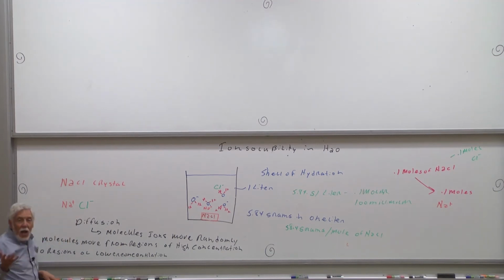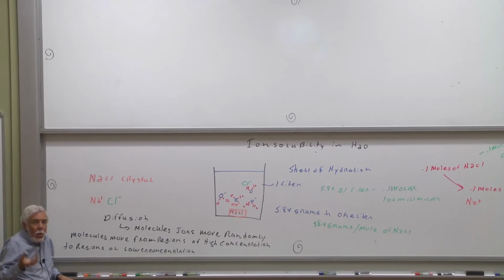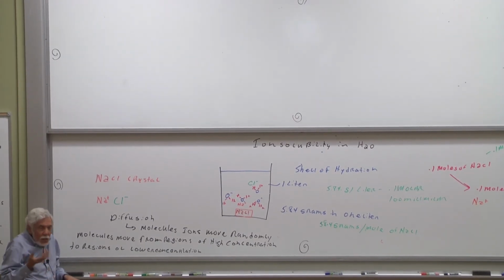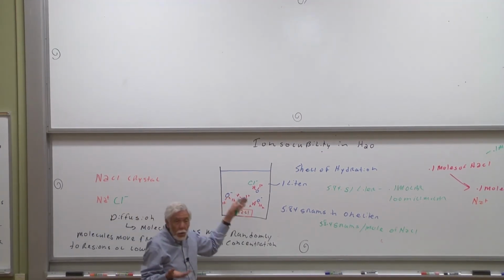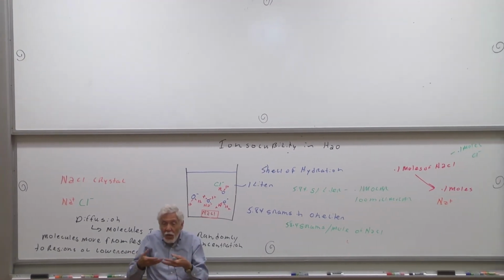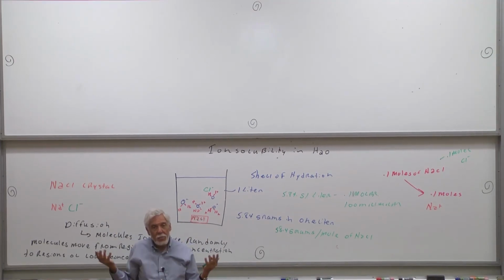If, for example, I put an open bottle of perfume in the middle of the room, effectively those perfume molecules are going to diffuse just like the sodium chloride. Those perfume molecules are volatile. They'll leave their fluid in the bottle and go out into the air.